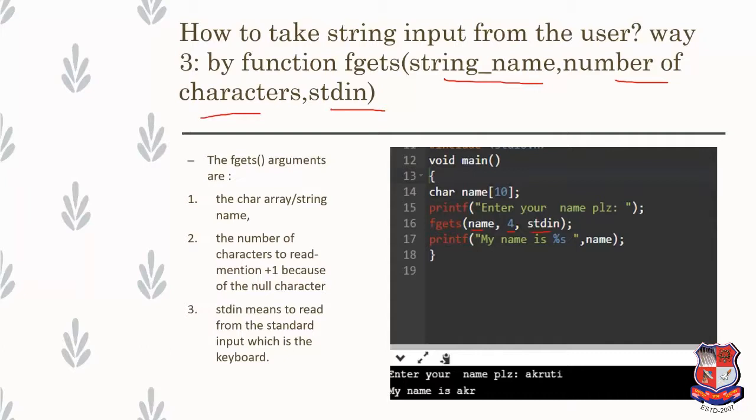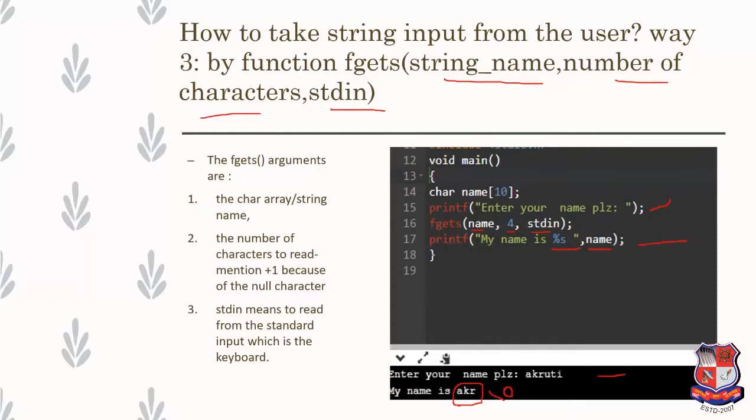Then I'm getting it printed simply: printf "My name is %s" with name. You can see the first output is my first printf message, "Enter your name please". I'm entering my name, AKRUTI. The second printf statement is "My name is %s". Here it takes only 4 letters, in which 3 letters are from my name, and which one is the fourth? The fourth one is the null character.